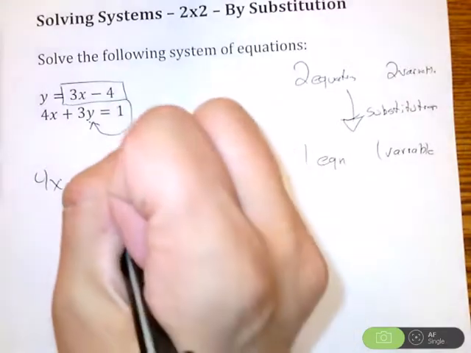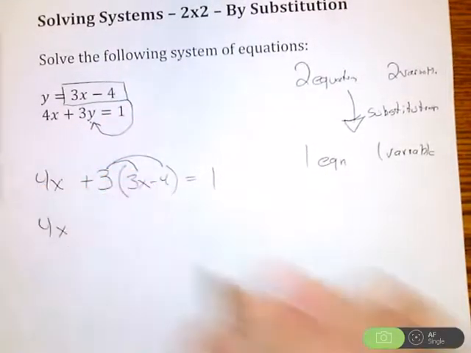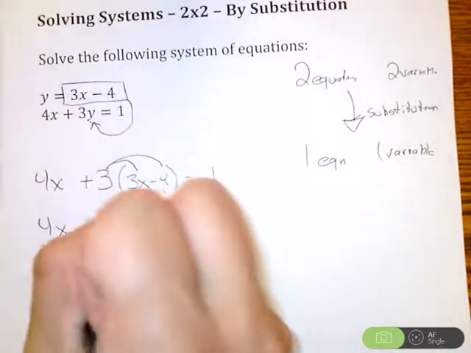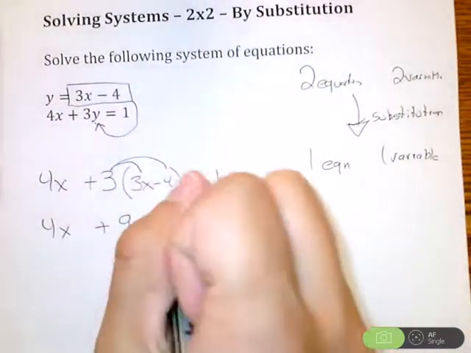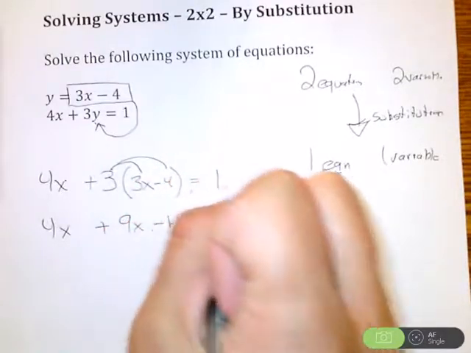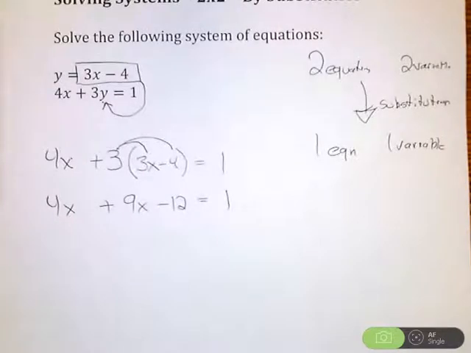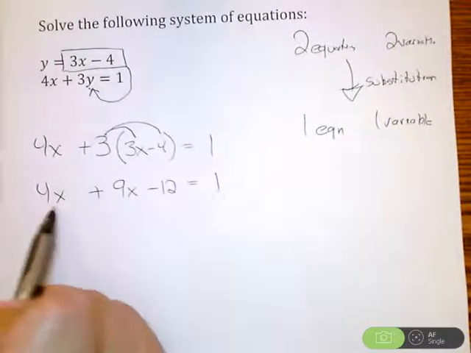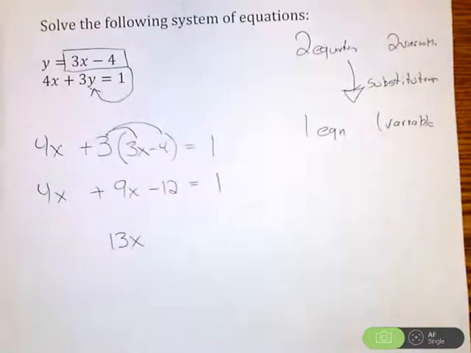To do this, first thing I'm going to do is distribute that 3 through. So the 4x is going to stay the same. 3 times 3x is 9x. 3 times negative 4 is negative 12. And this is equal to 1. Combining like terms, 4x plus 9x is 13x.